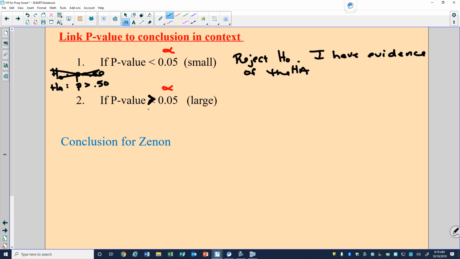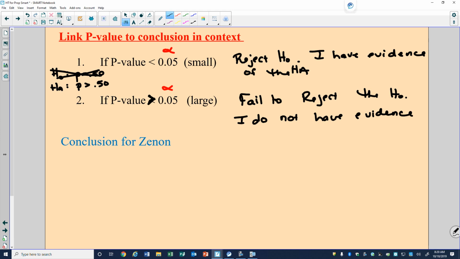All right. If that p-value is large, if it is greater than the 0.05 that I want to compare it to, then we are going to fail to reject the null hypothesis, which means I'm not going to rule it out. And that means I do not have evidence of the alternative. Okay. Now notice both of these are written the same way.